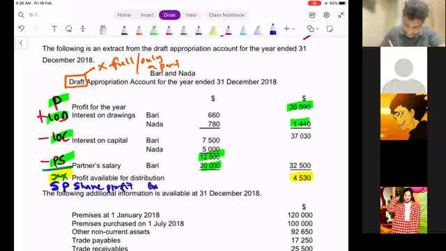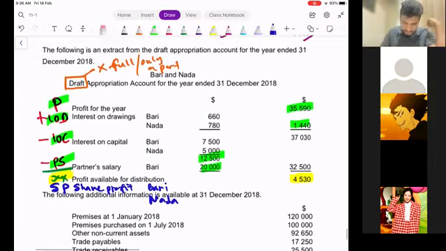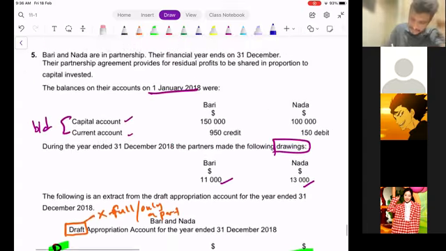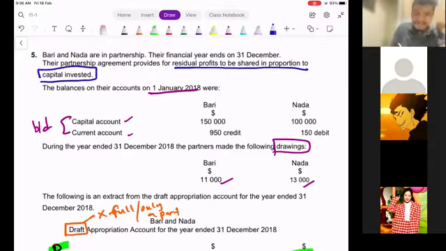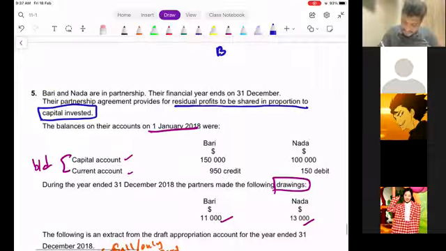For Bari and Nada, what is the ratio? I don't know the ratio. The question didn't give me any ratio. Oh, here. The residual profit is to be shared in proportion to the capital invested. So we need to calculate the ratio ourselves. Bari invested 150,000.